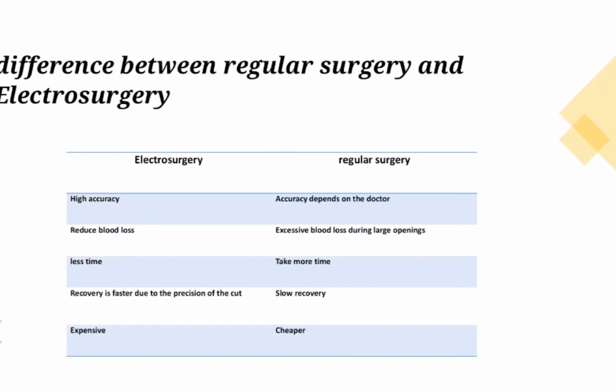And electrosurgery reduces blood loss, and regular surgery has excessive blood loss during the large opening. And the third pro for electrosurgery is less time. On the other hand, regular surgery takes a lot of time. And of course, electrosurgery is too expensive instead of the cheaper one, regular surgery. And moving to the next slide.